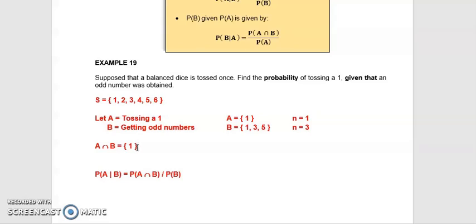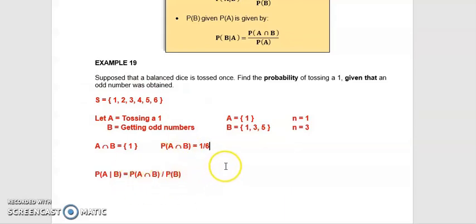Then we need to find the probability of A intersect B and the probability of B. So recall how to calculate probability. The number of elements in A intersect B is only 1, right? So 1 out of the total sample space, which is 6. So 1 over 6.